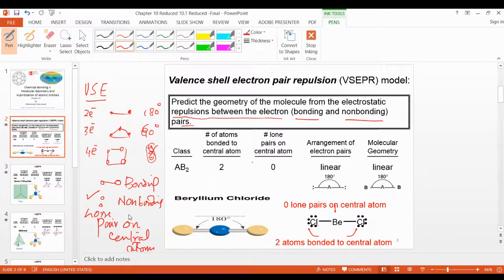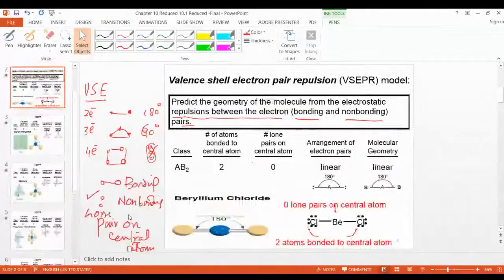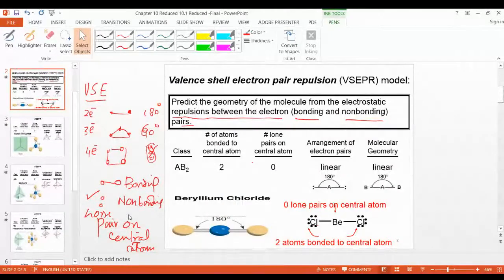Okay, then I will explain one by one. So these are the different types: AB2, AB3, AB4, AB5. I will explain now. General terminology we have to write here. AB2 type, AB3 type, AB4 type, AB5, AB6.